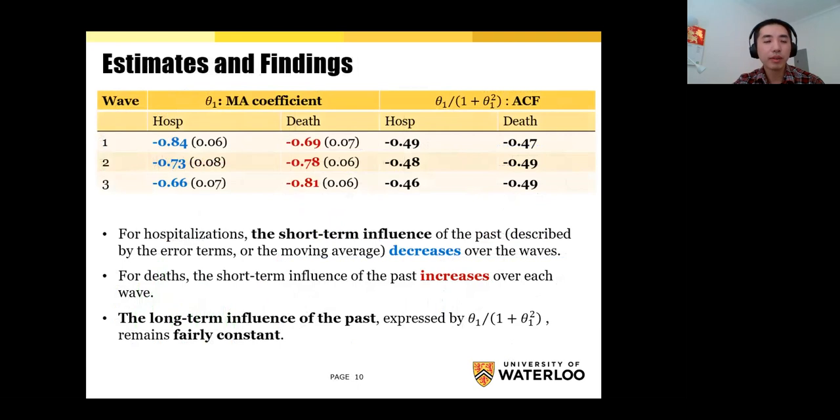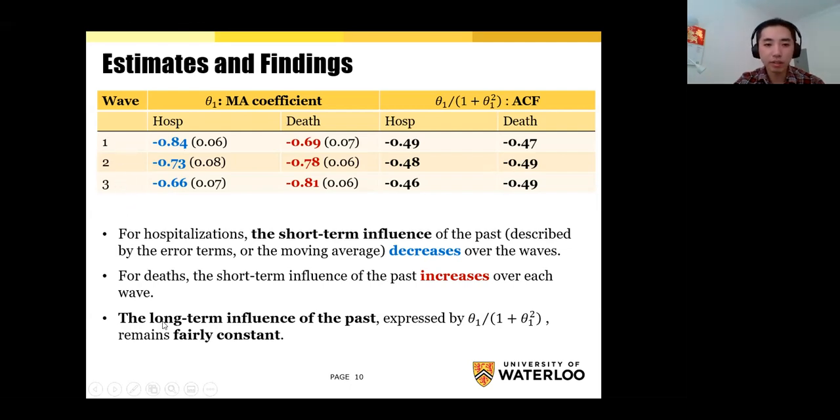So that was everything about model fitting. Now here comes the result. The estimates are here in colors, and the standard errors associated with them in the brackets. Standard errors are relatively small, so the estimates are quite precise. Here I have estimates for hospitalizations and deaths for waves 1 to 3.